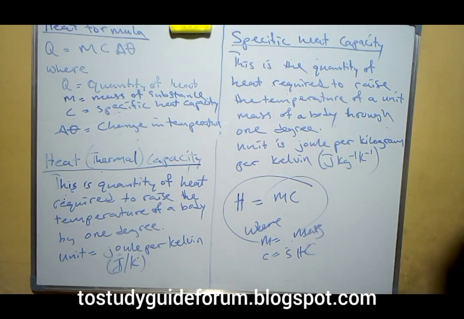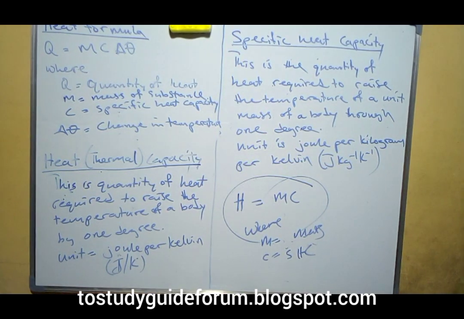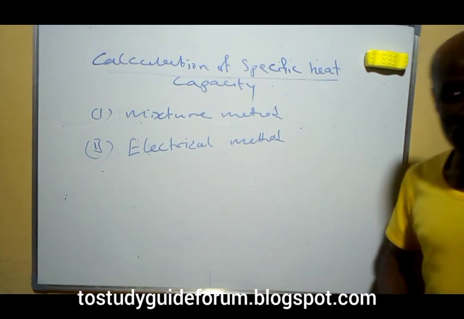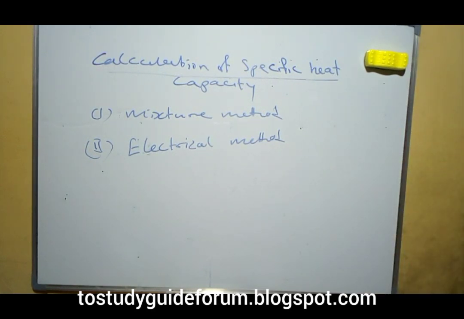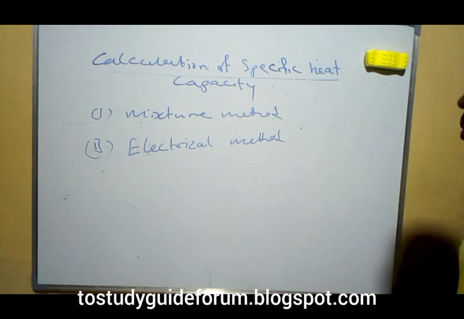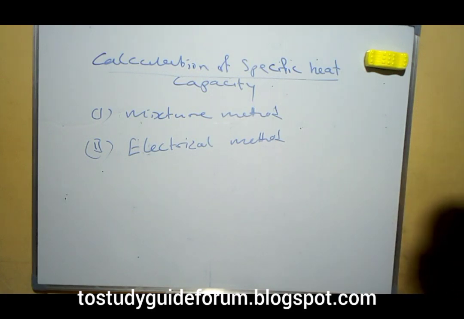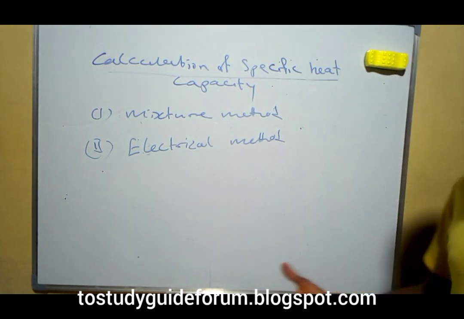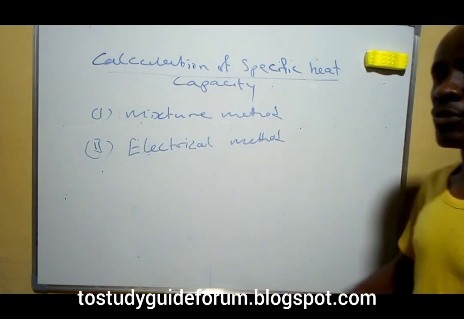All right. Another one we're going to be looking at is how to find the specific heat capacity of any substance. So we have two methods of calculating specific heat capacity. One of these methods is the mixture method, and the second one is the electrical method. In the mixture method, a hot object can be added maybe to a liquid.